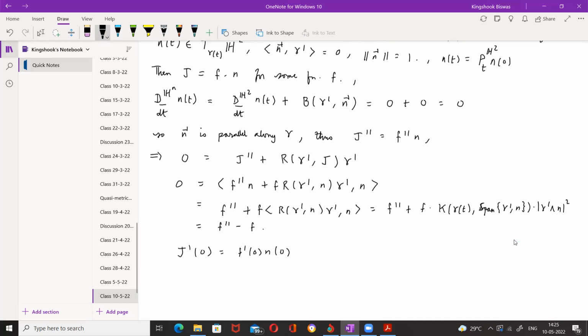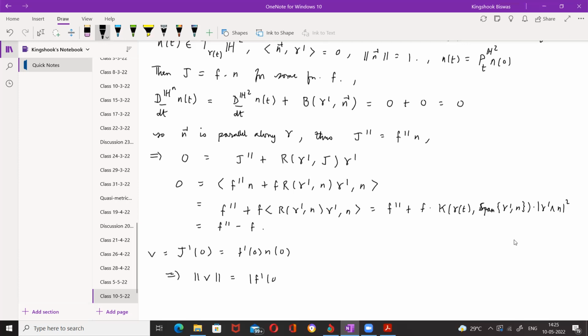So I take norms on both sides. Therefore I get that norm V is equal to mod f prime 0.